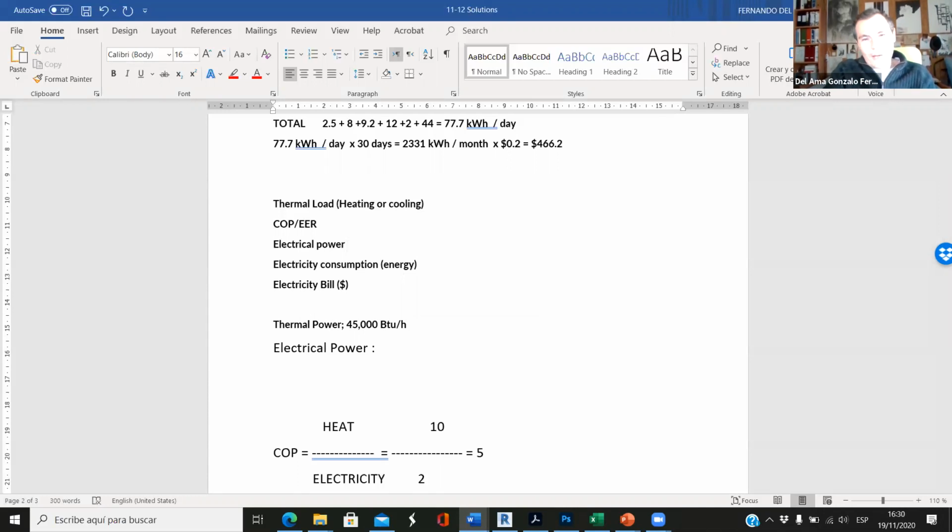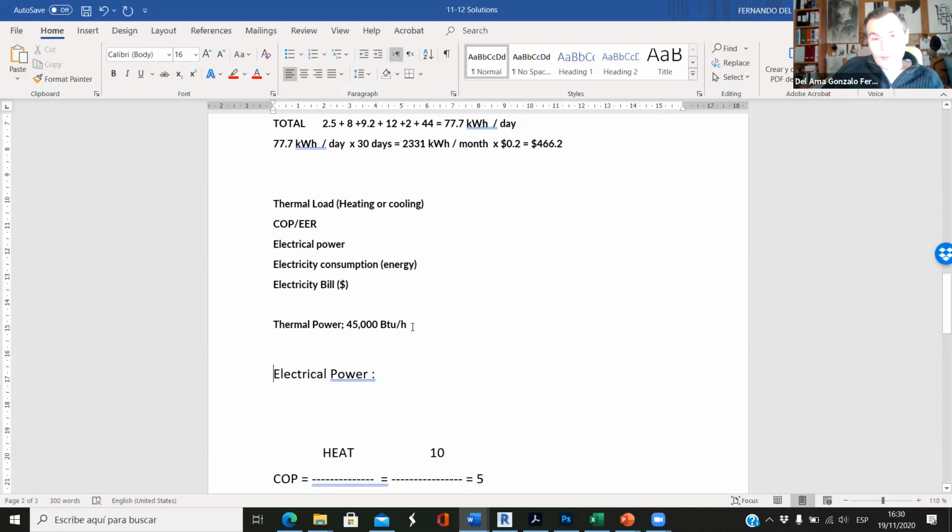So the electrical power is, if we are using BTU hours as a thermal load, then we need to use the EER. If we are using kilowatts or watts, international units, we can use the COP, because what we have to do is to turn BTU hours into watts. Okay, so here we have to divide this.